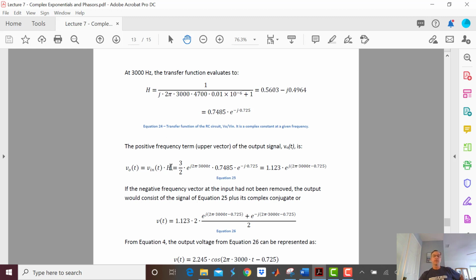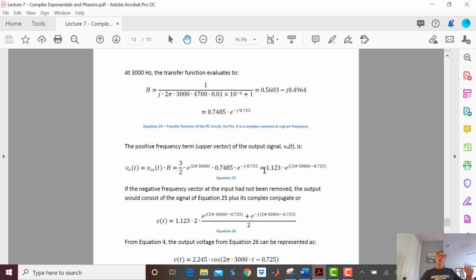So it's going to be 3/2 times my input, e to the j 2 pi 3000 t, multiplied by, and here I changed our circuit to polar form, 0.7485 at this phase angle, and here is my output.